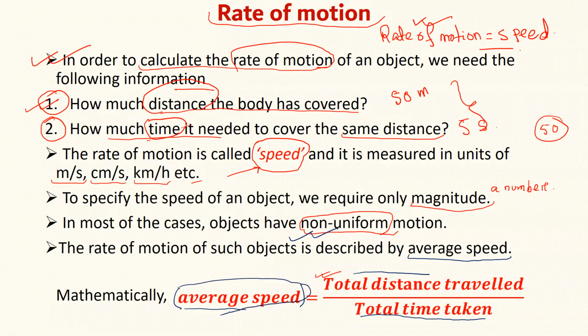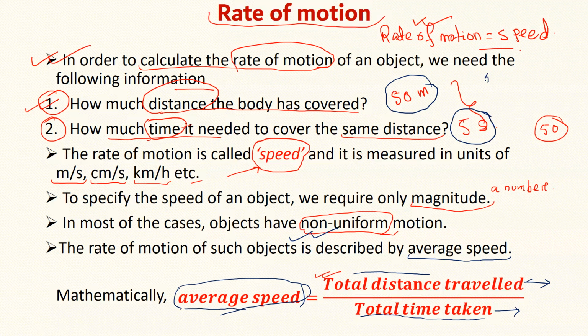So again, how can we measure average speed? Average speed can be measured with two pieces of information: how much distance the object has traveled and how much time it took to cover that distance. I hope you have understood. Suppose in this example, where we considered initially that the object covered a distance of 50 meters in 5 seconds, what will be the average speed?